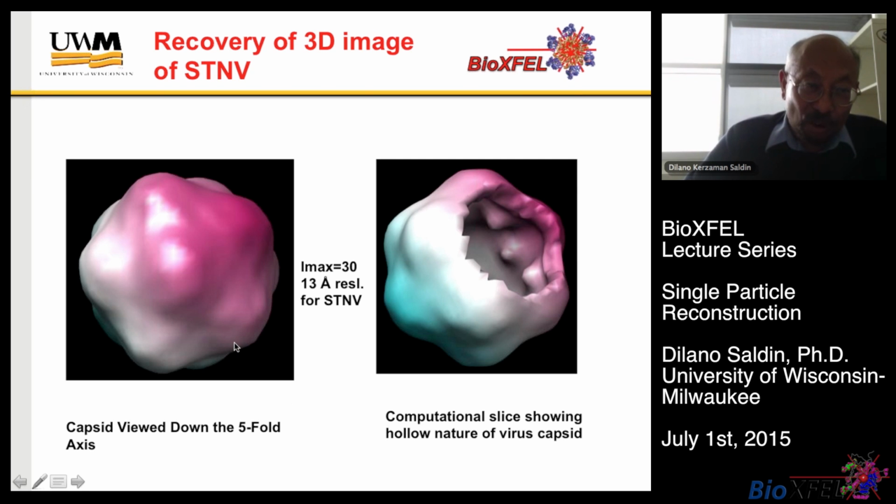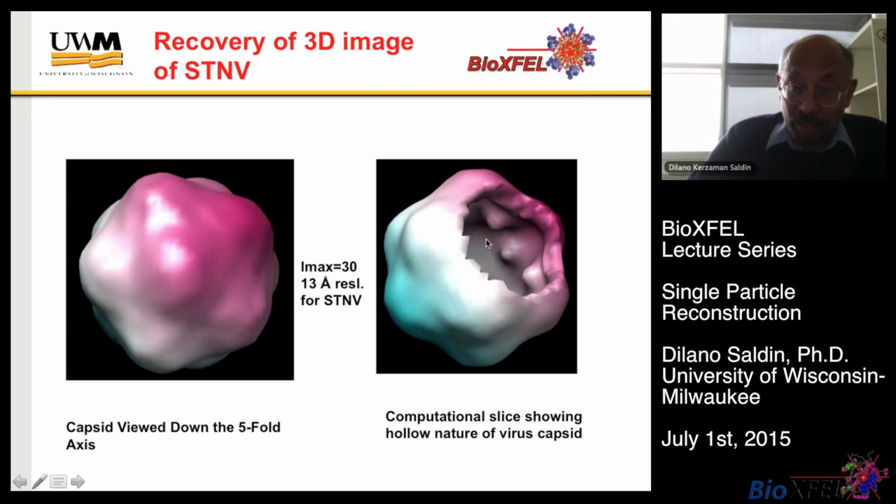So for this idea, we did simulations of randomly oriented diffraction patterns from an icosahedral virus. We chose the smallest virus that we know of, the satellite tobacco necrosis virus, and we simulated a large number of diffraction patterns, and then ran this algorithm through, and finally what we get is a picture like this.